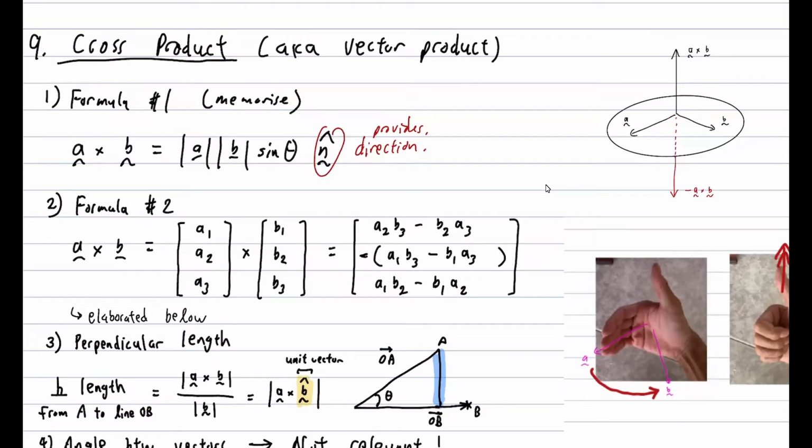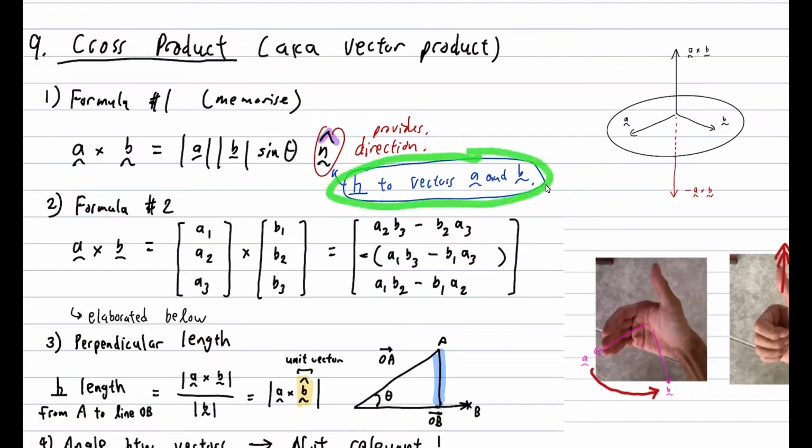Length one and provide direction. That's all. And also, maybe I should take note, it's perpendicular. The direction is perpendicular to vectors A and B. The length will be one because I put a head here. Head means length one.